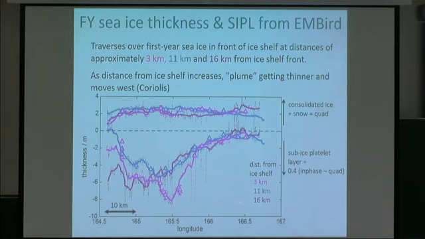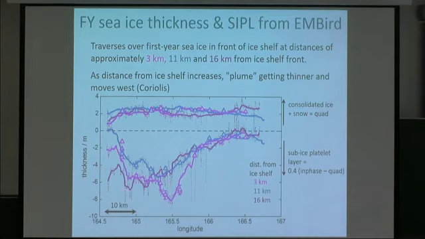I've put the ice shelf base at 0, and so the measurements upwards are consolidated ice plus snow, with drill hole measurements plotted on top, and underneath here the negative numbers are the sub-ice platelet layer thickness.